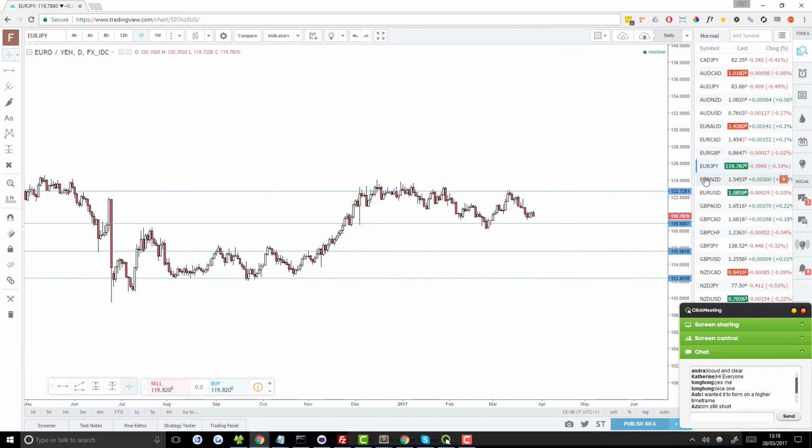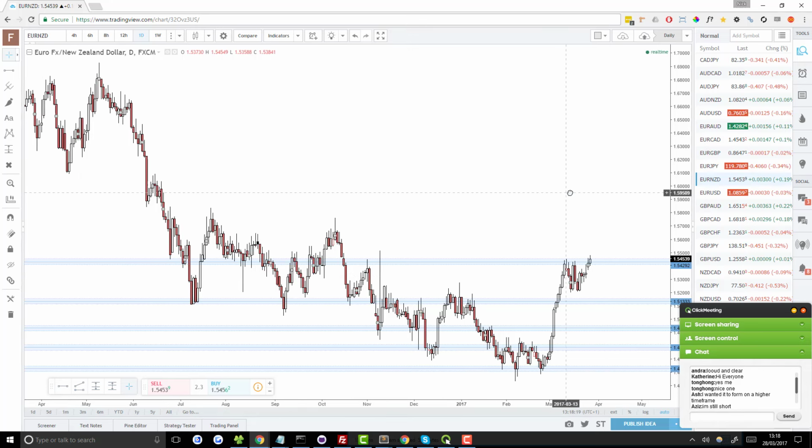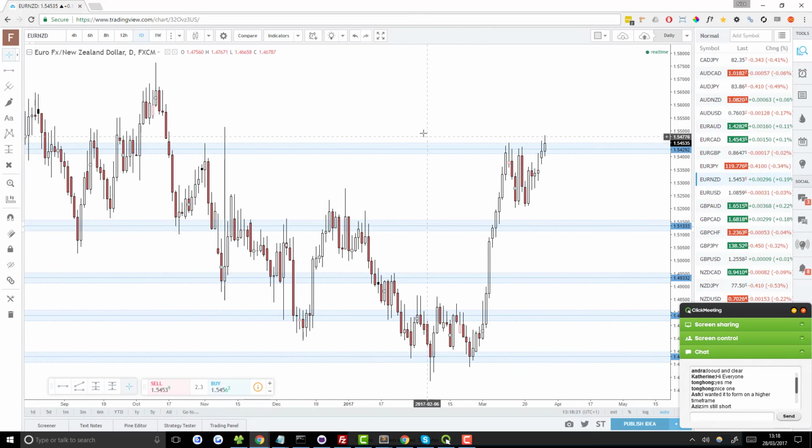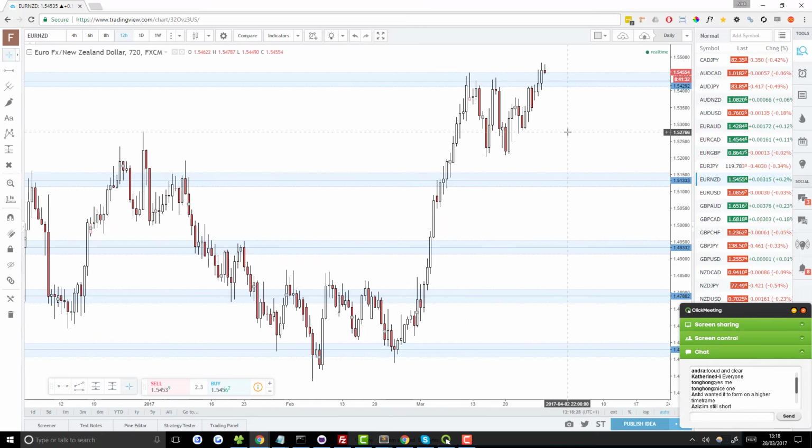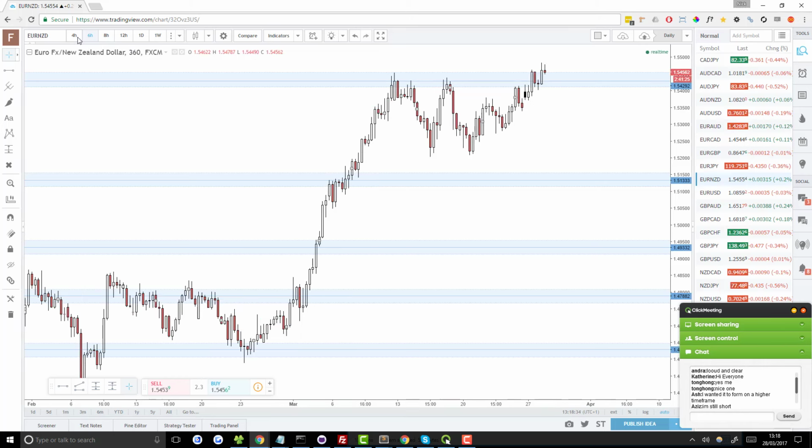Okay, there's nothing really happening on EURUSD, so let's go Euro New Zealand. Interesting. I'm probably not going to take a trade here, but it's interesting.